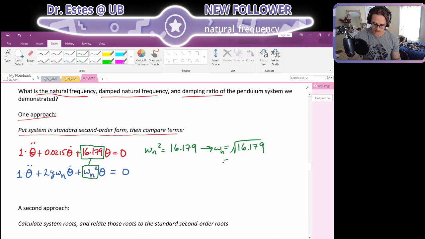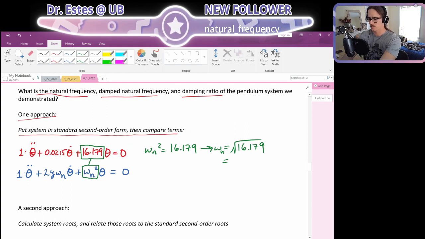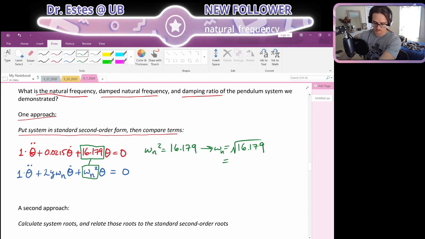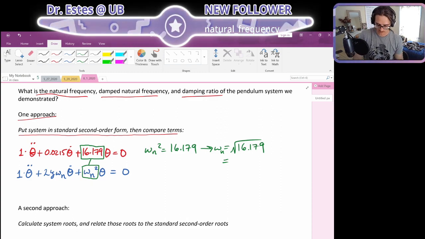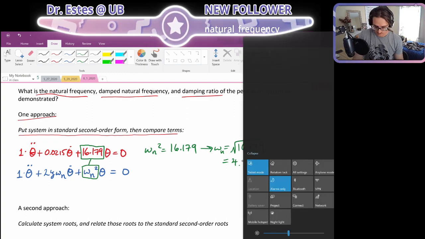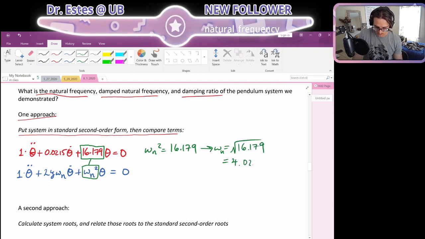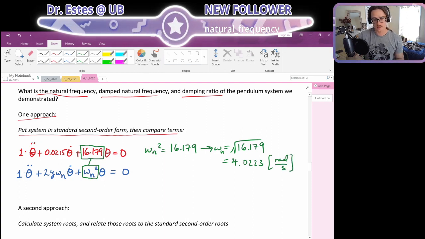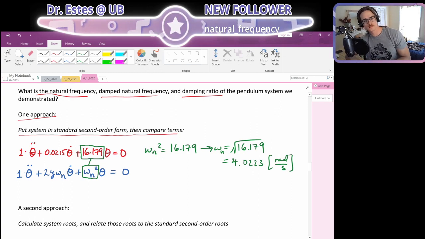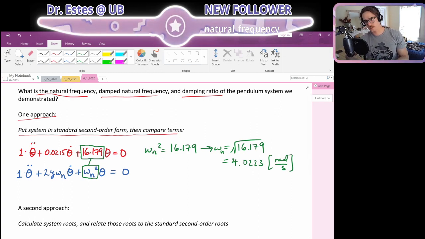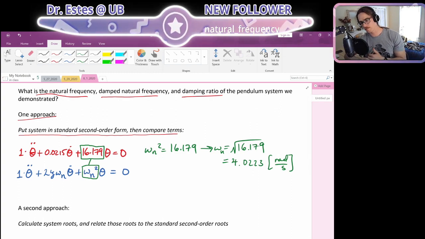I'm going to go over to MATLAB and punch that in. That's 4.0223, and the units will be radians per second. So that's the natural frequency of our pendulum based on the model.